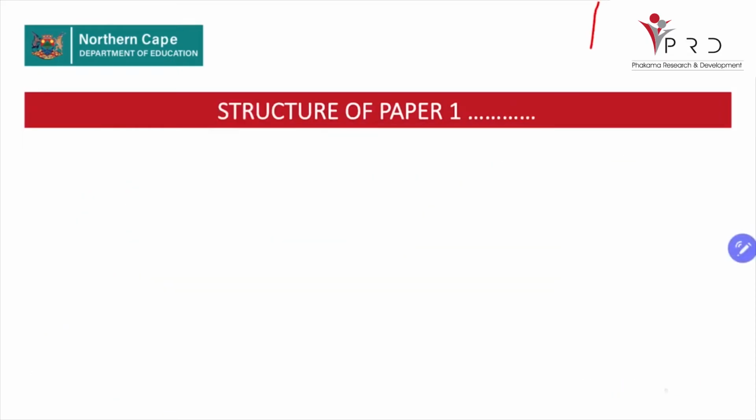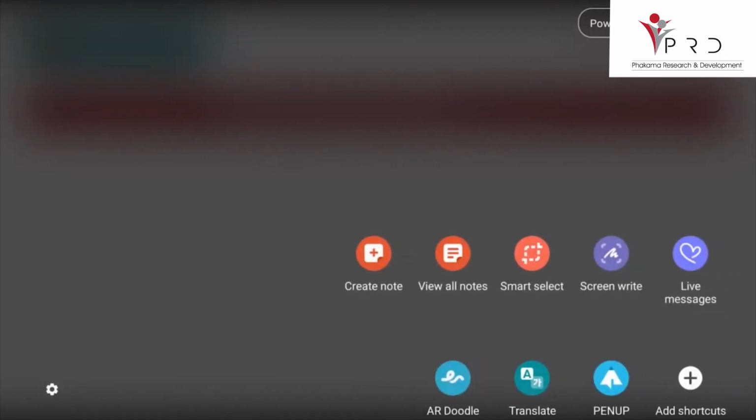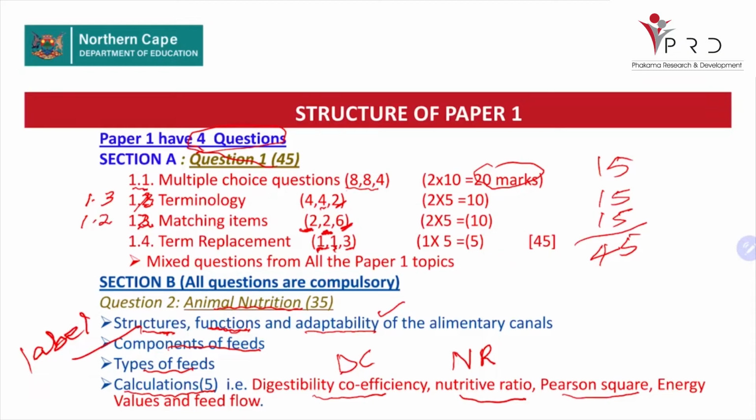And then on the calculations, as I was saying, we have 5. We look at DC, we look at NR, we look at Pearson square. We also look at energy values of feed, where you are given 4 types of energy values: the gross energy, the digestible energy, the metabolic energy, and the net energy.